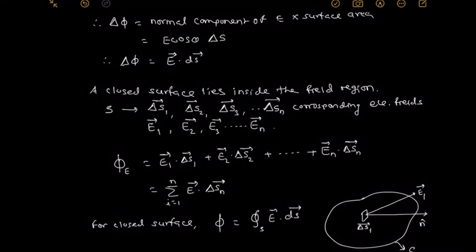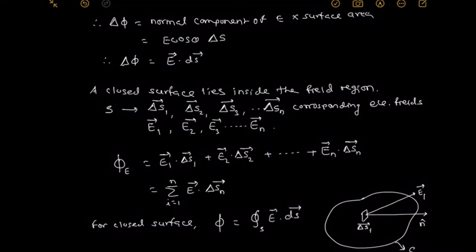Delta phi is, for the first element, vector E1 dot delta S1 plus E2 dot delta S2 up to En dot delta Sn. Instead of all those addition terms, we take one term in terms of summation, i equal to 1 to n, vector E dot delta Sn.